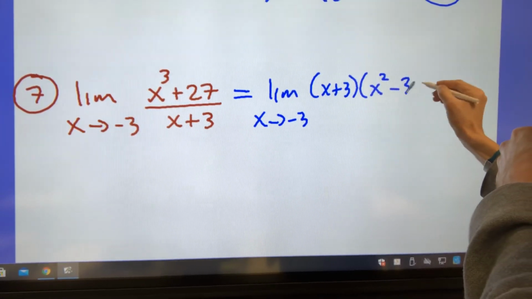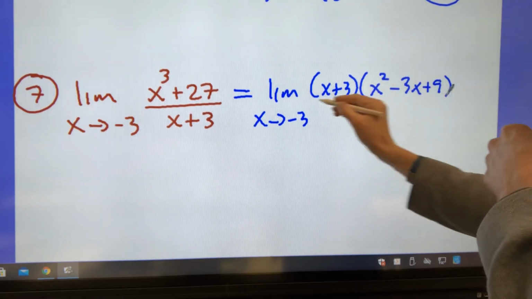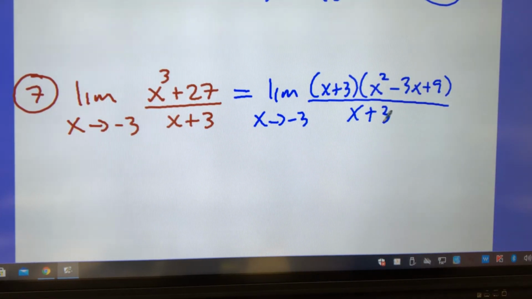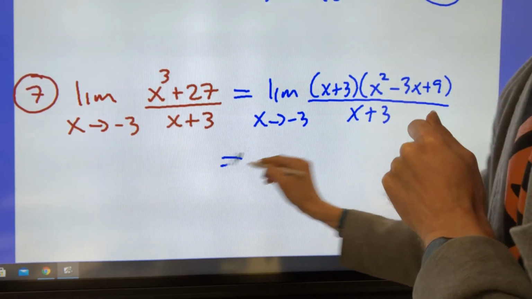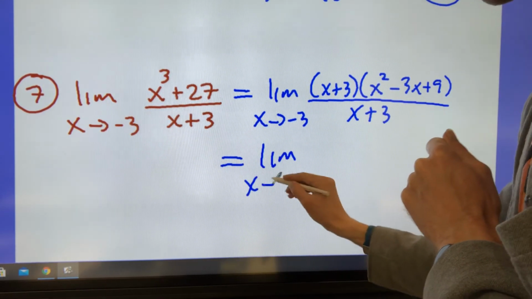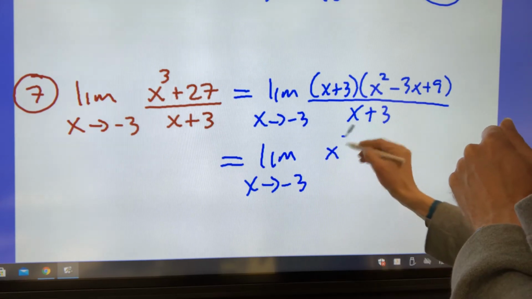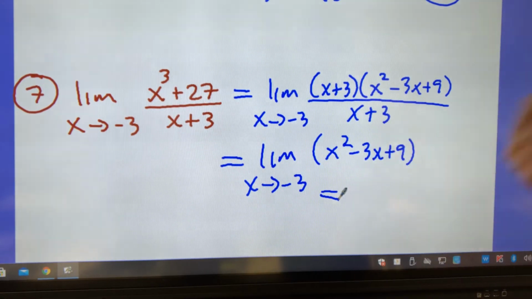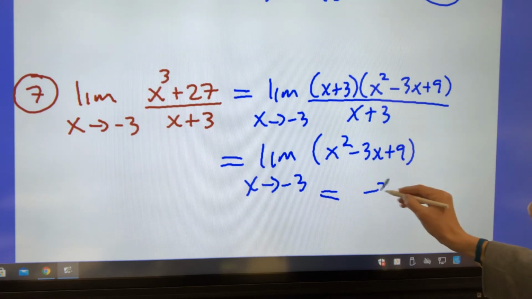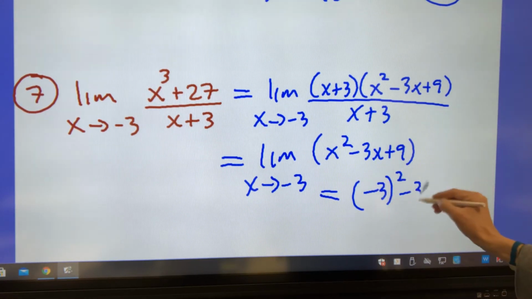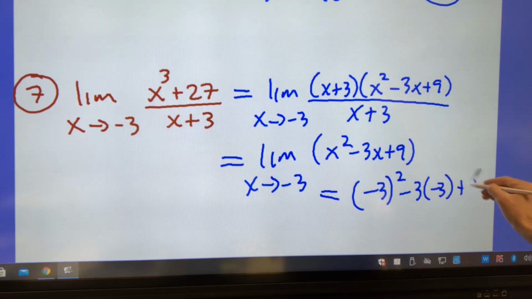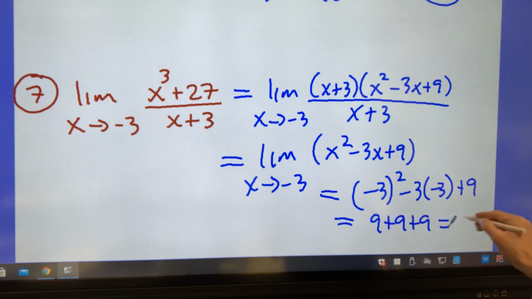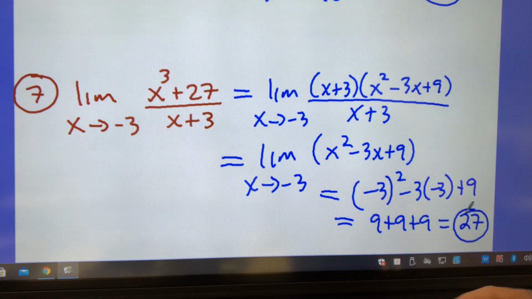And it's the inner product, 3x plus the second term squared. We have to have that down. The x plus 3's would cancel, leaving you with the limit as x goes to -3 of x squared minus 3x plus 9. And then plug -3 in. $27.